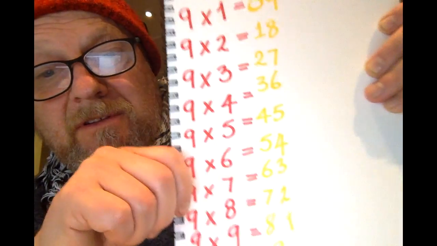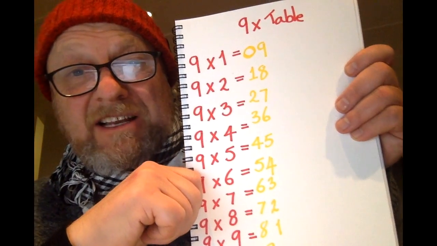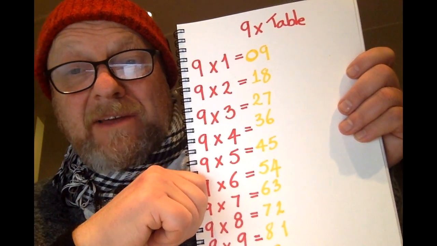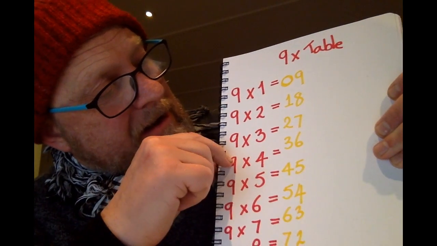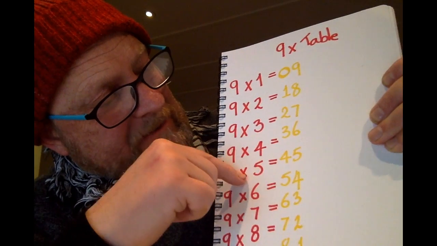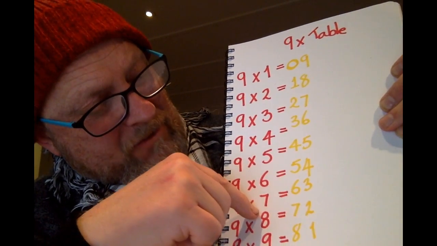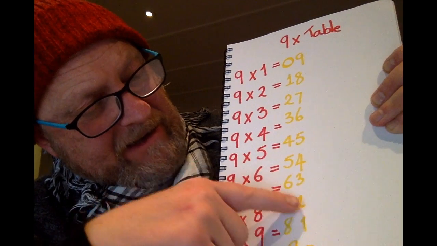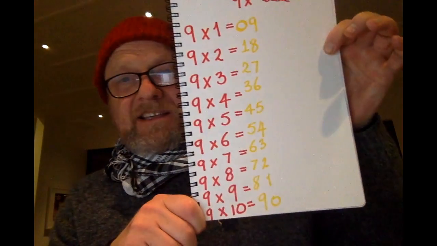So then it gives you the answers to your 9 times table. Going down vertically from 0 to 9, and then going up vertically from 0 to 9. So 1 times 9 is 9, 2 times 9, 18, 3 times 9 is 27, 4 times 9 is 36, 5 times 9 is 45, 6 times 9 is 54, 7 times 9 is 63, 8 times 9 is 72, 9 times 9 is 81, and 10 times 9 is 90.